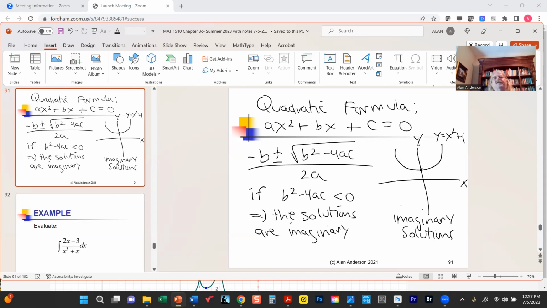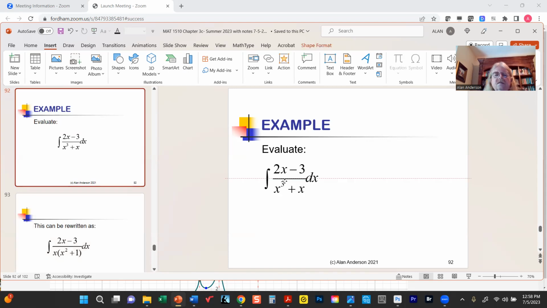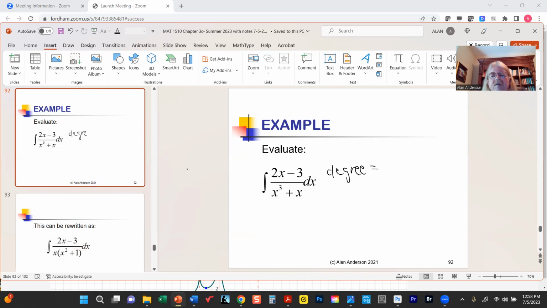All right, so what if that happens here? What do we do? Well, we have to adjust our partial fractions technique a little bit. Let's take a look at an example of this. And so we see right away we can factor. Oh, by the way, don't forget to check the degree of this numerator is 1. Remember, that never changes.